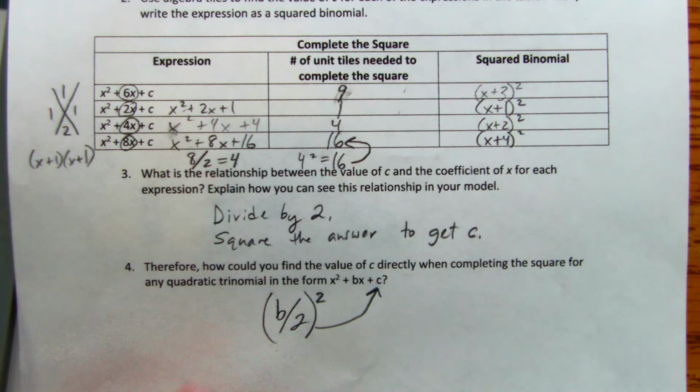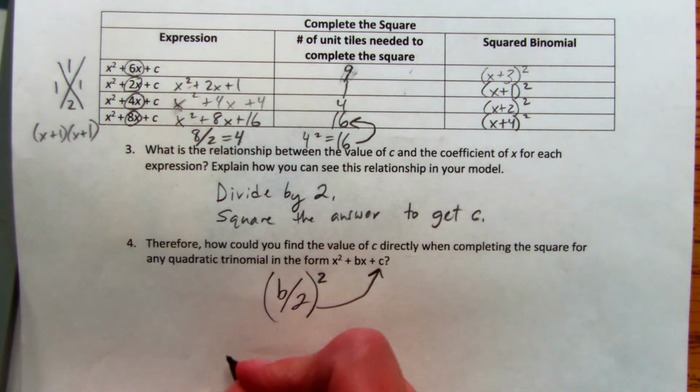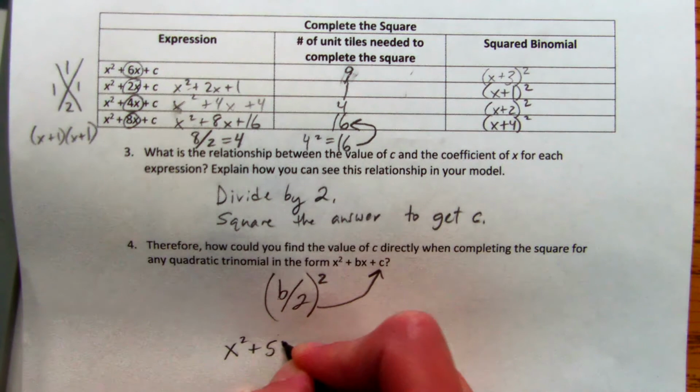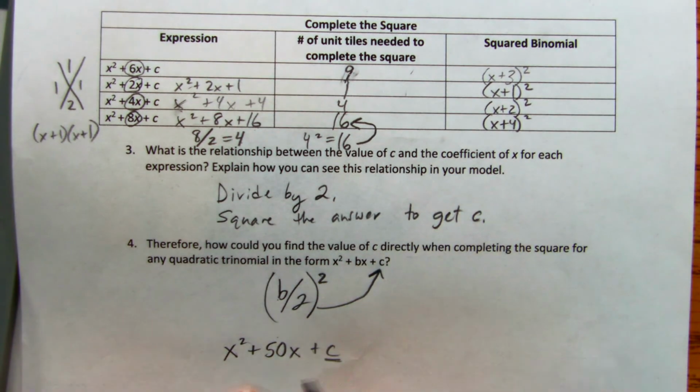So let me give you a crazy example. If I had x squared plus 50x, and we're trying to figure out what value of C this is, I'm not going to want to do the tiles with 50 x's and then have to fill it in. It'd be a little messy to count.